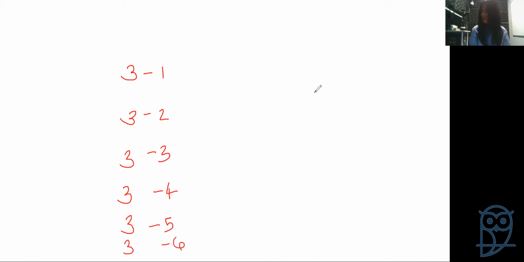For example, I go 3 minus 1, 3 minus 2, 3 minus 3, 3 minus 4, 3 minus 5, let's keep this up, 3 minus 6. And on the other side, I go minus 4 plus 2 is equal to minus 4 plus 1.